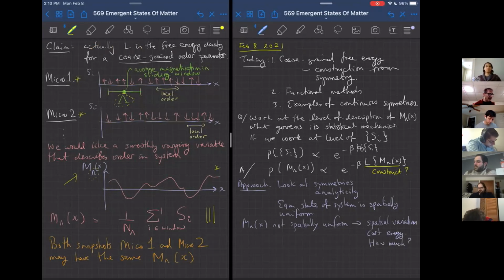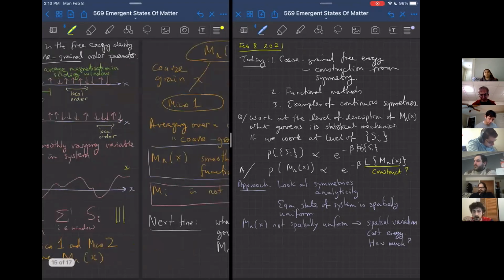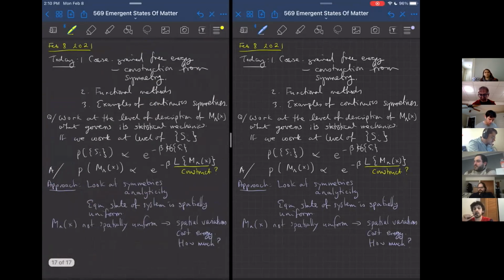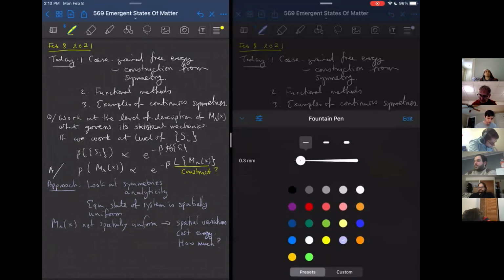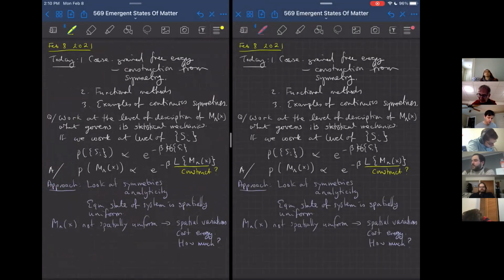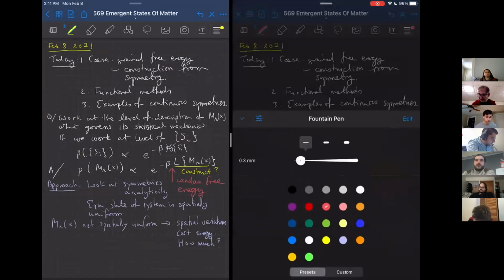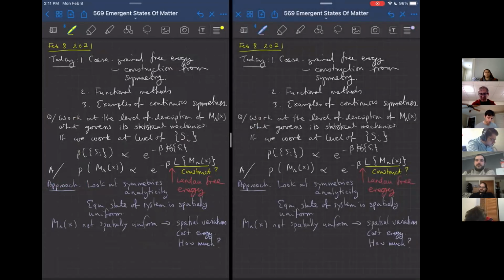So those are the ways that we're going to construct the free energy of the system, this quantity L. So let me just write down here that this quantity has a name. This is going to be called the Landau free energy density, or the Landau free energy in this particular case, because Landau was the person who first developed this line of reasoning that I'm now going to show you.